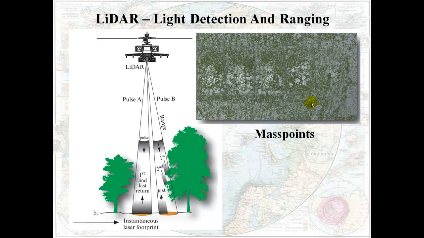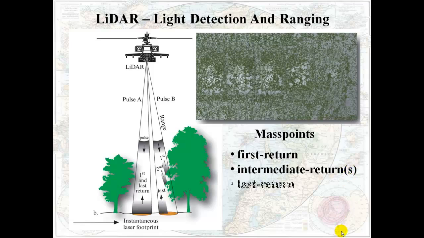What this does is it produces a bunch of points, and these are called mass points. These points carry the intensity of the return signal, how much time it took for that signal to come back, and their X and Y location. So there's first return, intermediate return, Z, and the last return.